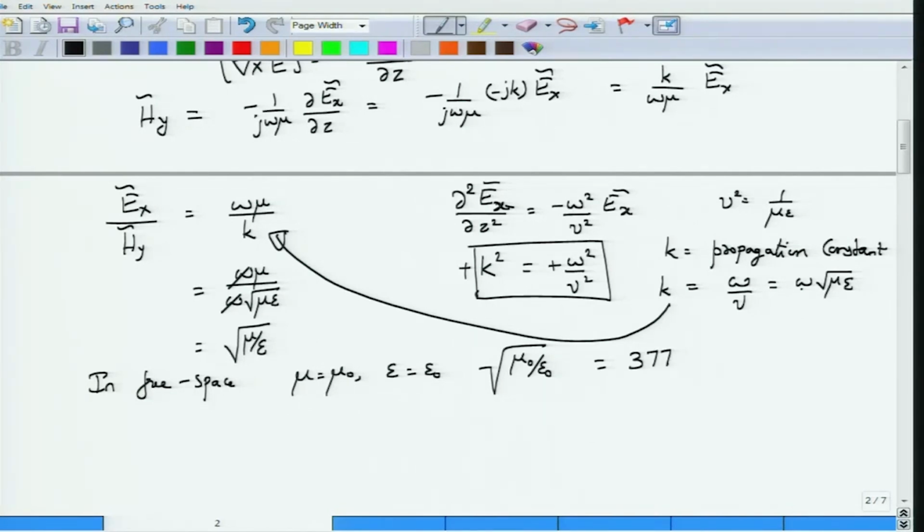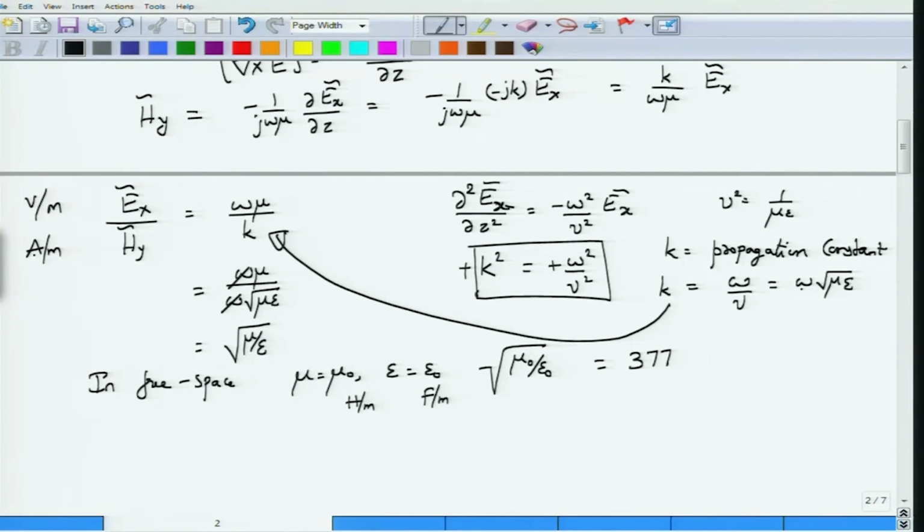Now mu 0 has units of Henry per meter and epsilon 0 has units of farad per meter, and if you remember that E has units of volt per meter and H has units of ampere per meter, the ratio of these two should be volt per ampere, right.